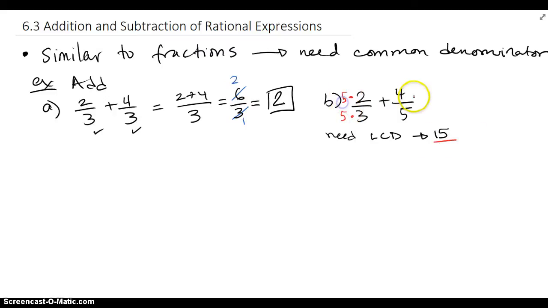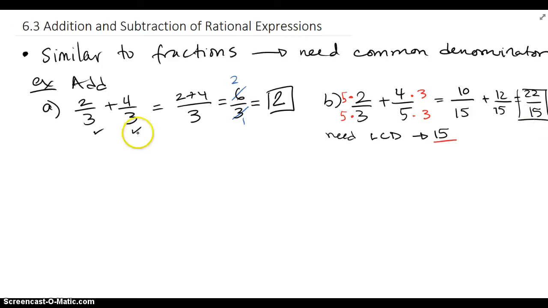So this guy is missing a 5/5. This guy is missing a 3/3. That's going to give me my new fractions with common denominators, 10/15 and 12/15, which gives me 22/15, and since nothing reduces further, I'm done.